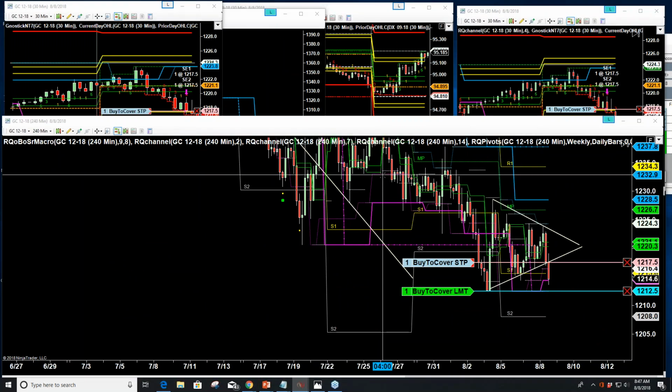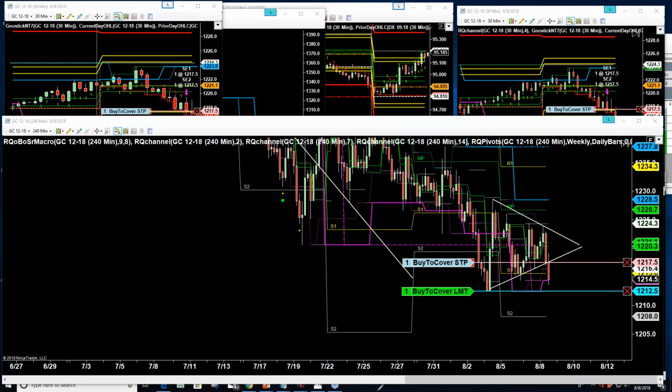Here's a look at the technicals using 240-minute chart with our RQ PIVs and channels. So again, this is the iNewton short gold position, and we're going to look at it through the eyes of a technician, chartist.